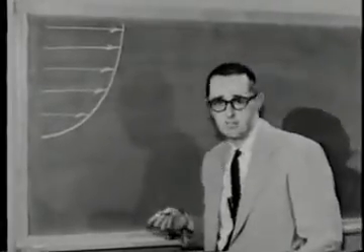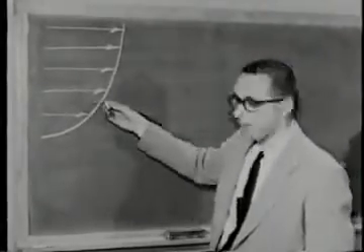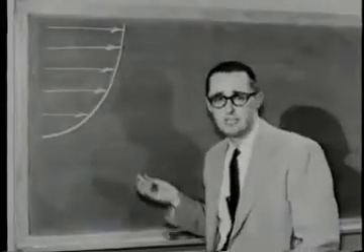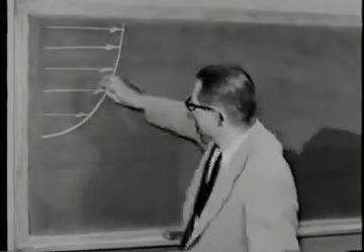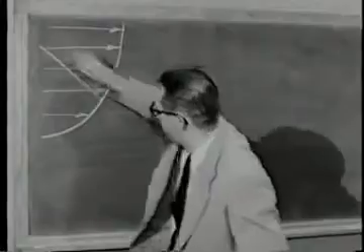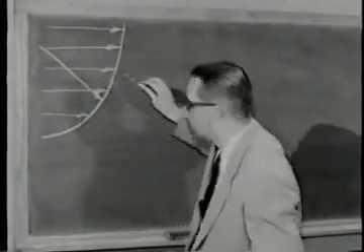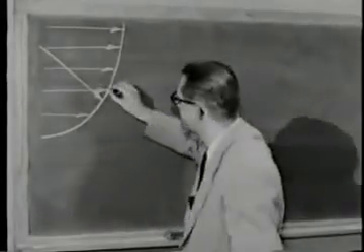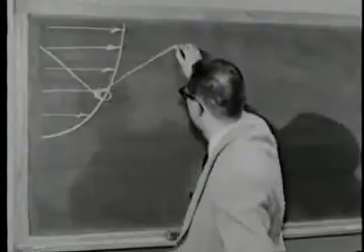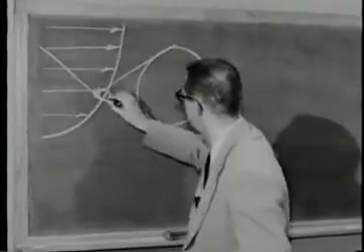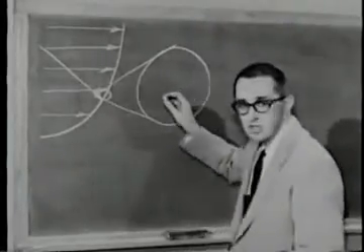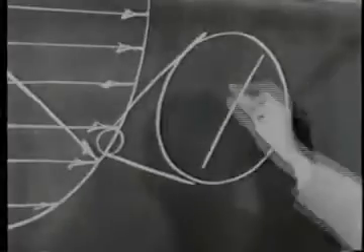doesn't change the picture. Now, this is a sketch of a two-dimensional velocity profile. This has a length scale associated with it, the radius of curvature. We want to look at a small enough piece of this so that there is no length scale associated with it, so that the velocity profile looks like a straight line.